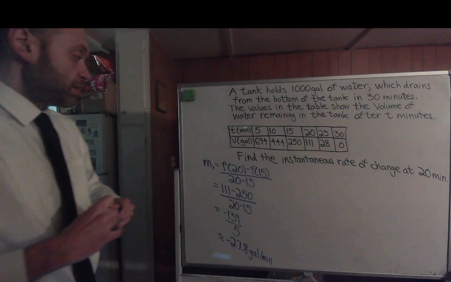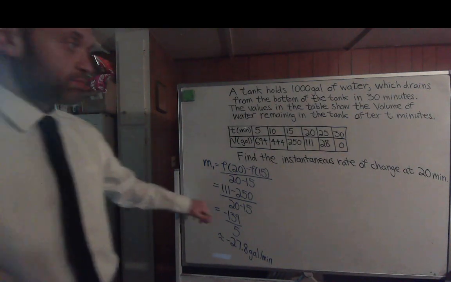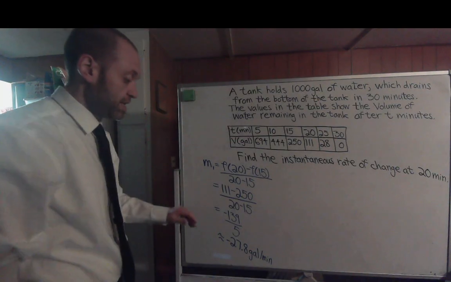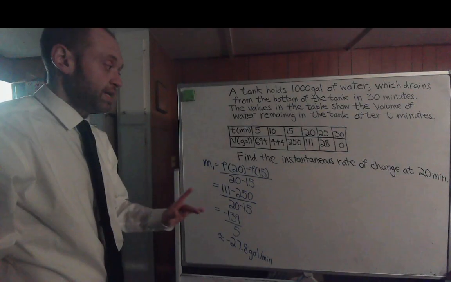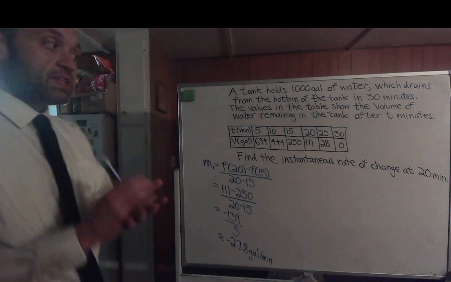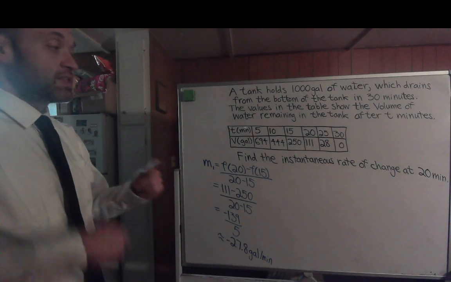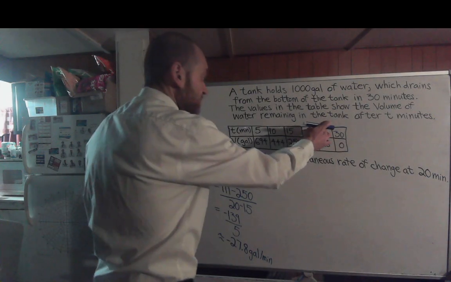So the average rate of change from the time being 15 to 20 minutes for those 5 particular minutes is about negative 27.8 gallons per minute. Now, in order to find the instantaneous rate of change at 20 minutes, I need to take the slope of another secant line that's also 5 units apart from 20.